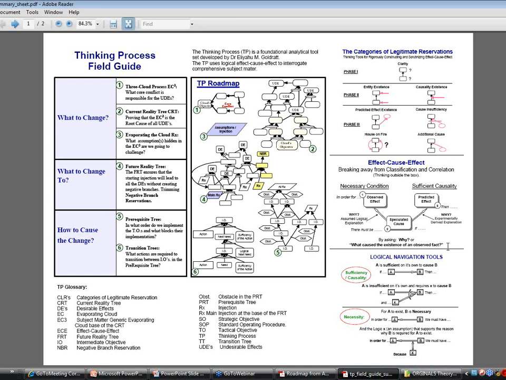Underlying the whole of theory of constraints are these set of thinking processes. And the conflict resolution diagram, which happens to be number 1 right up here in this diagram, is the one I'm going to cover today.